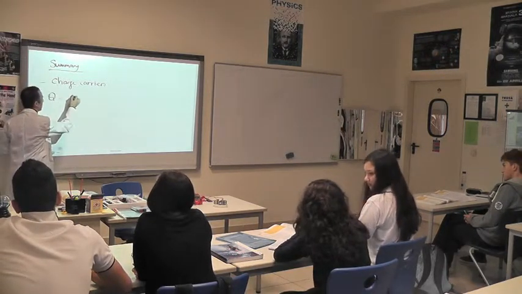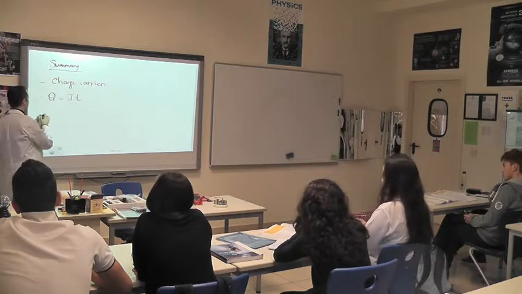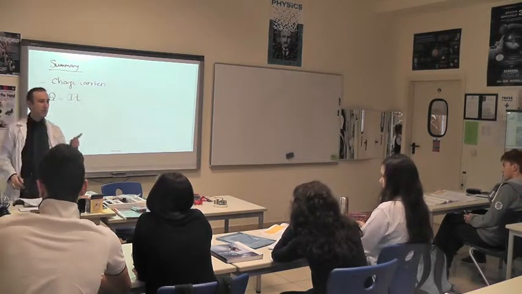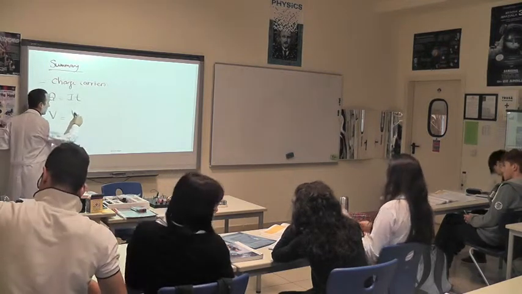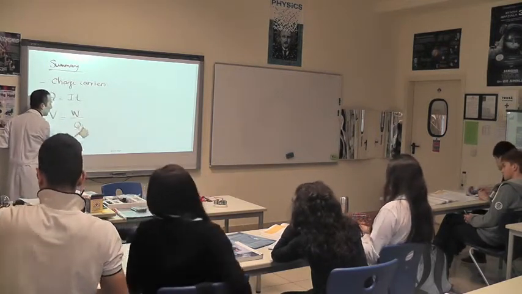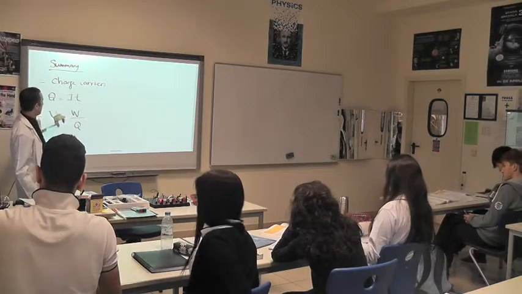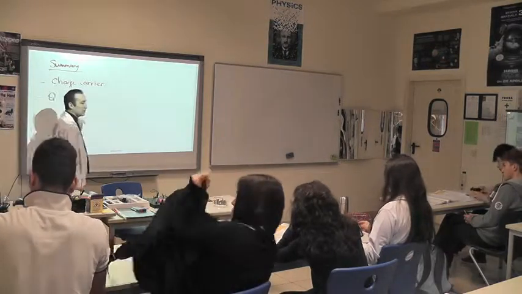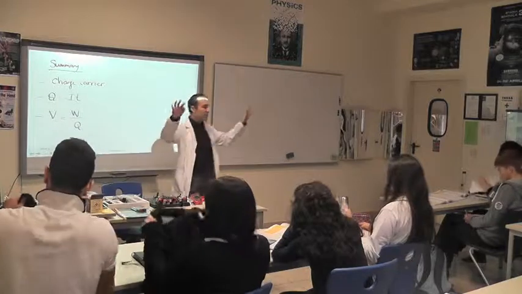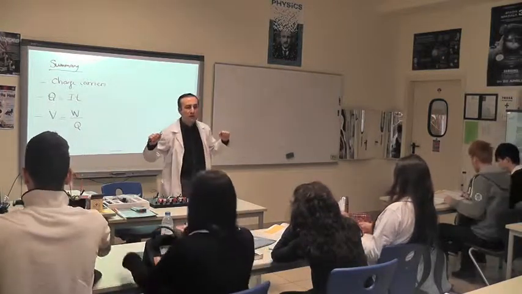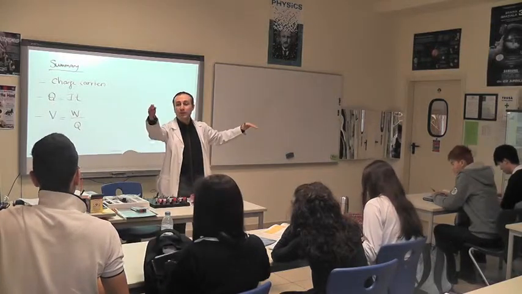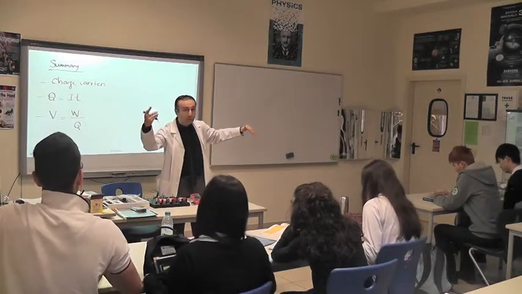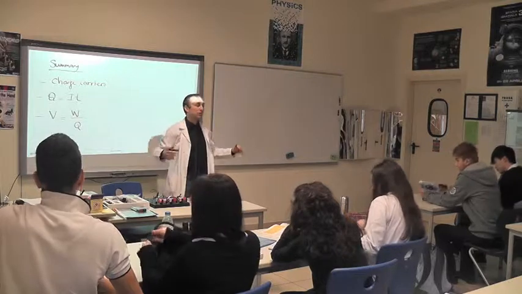Q equals IT, don't forget. And we have just learned one more equation about potential difference. And what is it? Energy over charge. And if you know the amount of energy and the charge, you can find voltage. And last thing, how can we define potential difference? In words, the amount of energy given to each coulomb of charge. Very good.